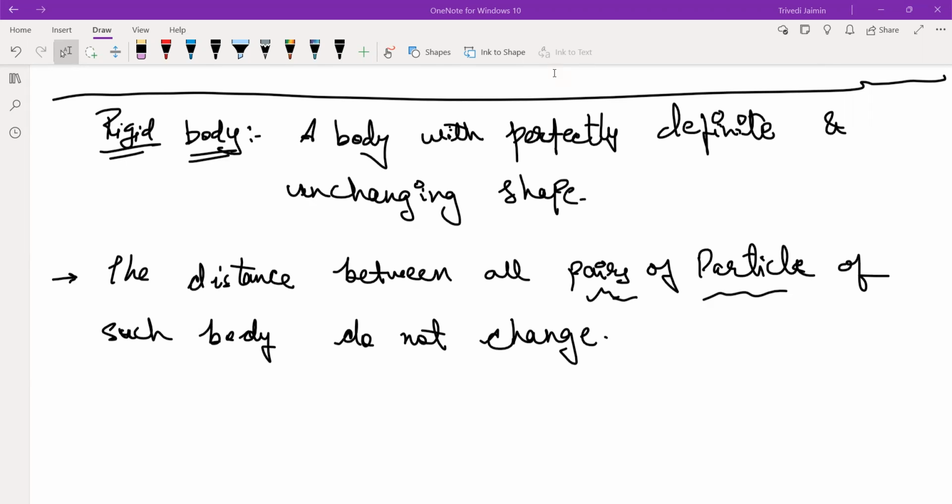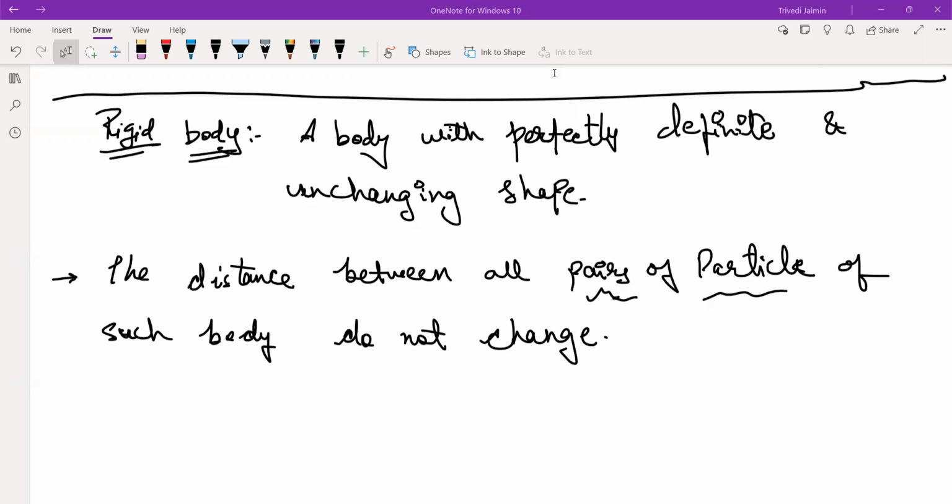Shrikar, your example? Sorry, my mic is not working properly, sir. No problem. Sir, is fire also a rigid body?